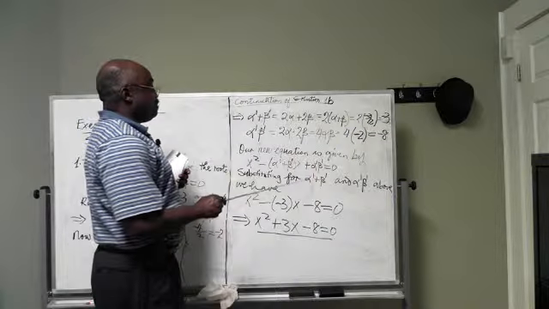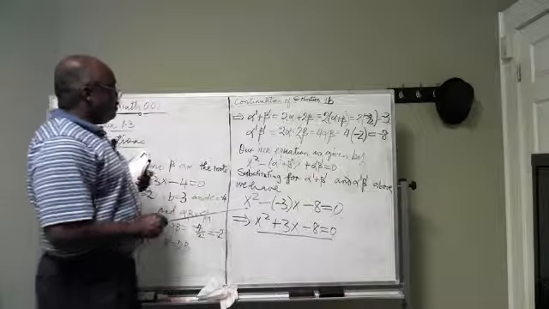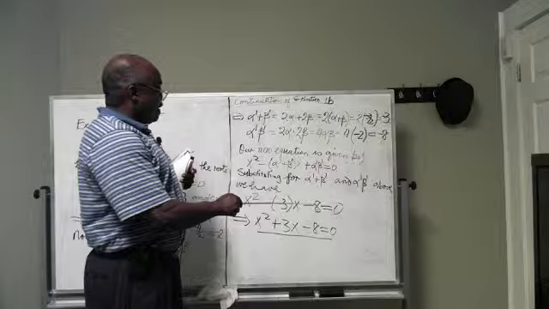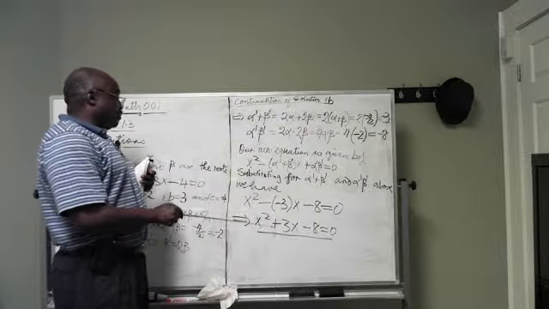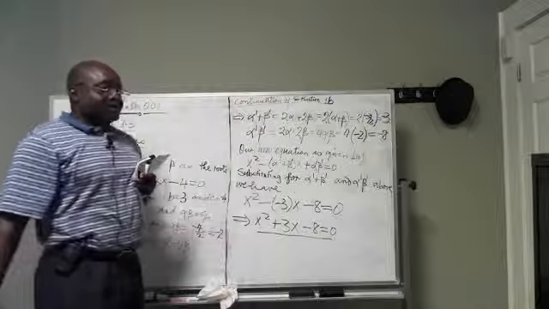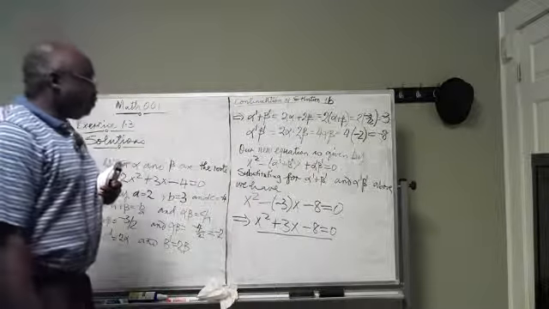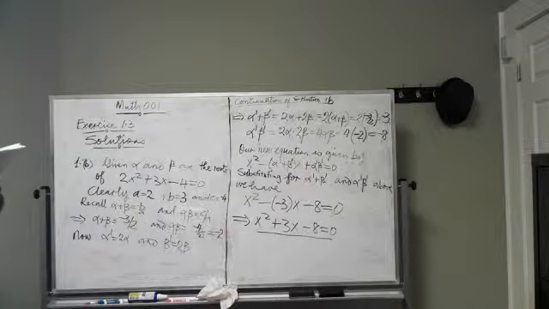Substituting for alpha prime plus beta prime and alpha prime beta prime above, we have x squared minus into minus 3x minus 8 equals 0, which results in x squared plus 3x minus 8 equals 0. And that's our new equation. So take 1 minute to copy that.